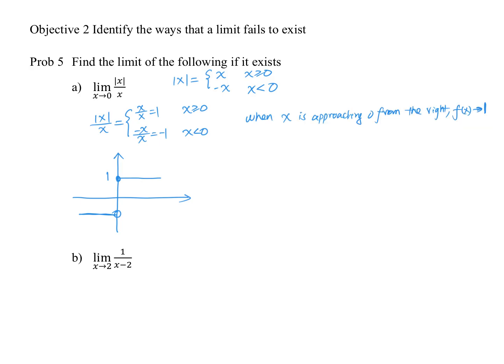I'm not using the equal sign, I'm just using this arrow sign, which means it's approaching 1, because I don't talk about x equals 0. I just want to talk about when x is approaching 0. Now, when x is approaching 0 from the left, f of x is approaching negative 1.